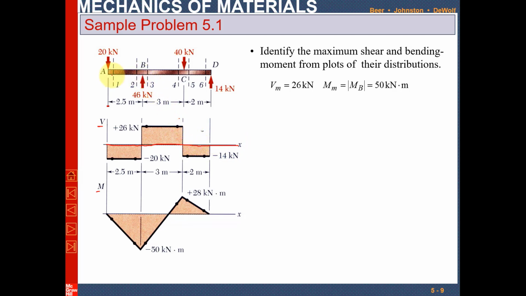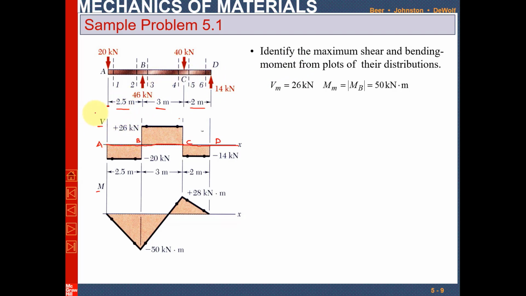This is point A, this is point B, this is point C, and this is point D. The distance between A and B is 2.5, from B to C it is 3, and from C to D it is 2 meters.